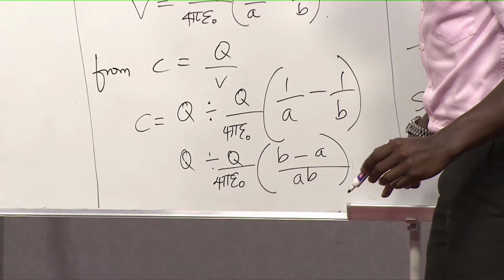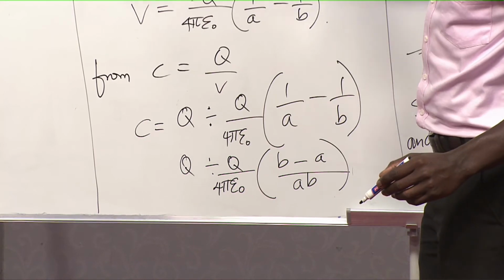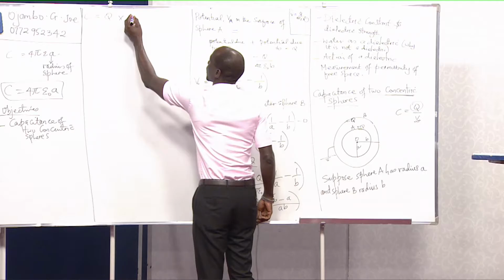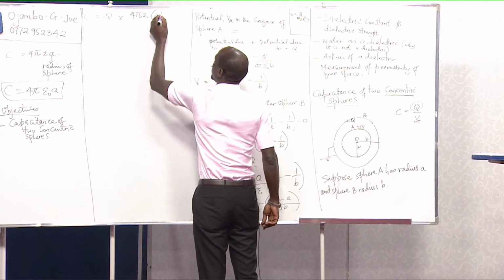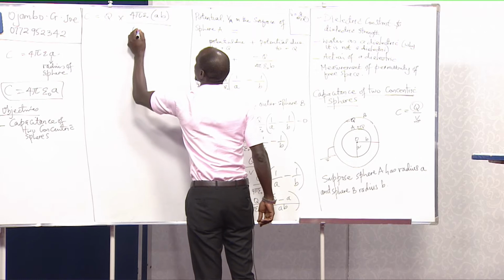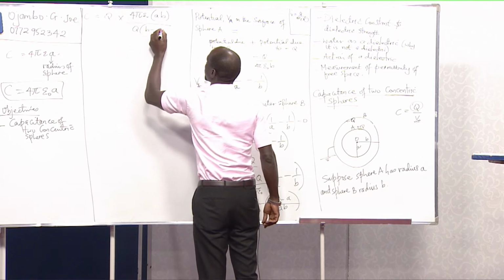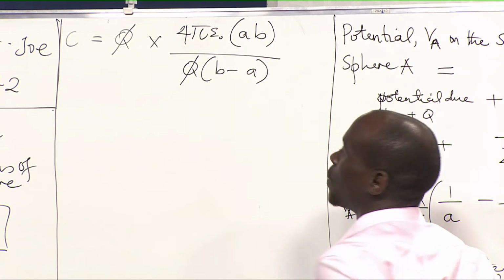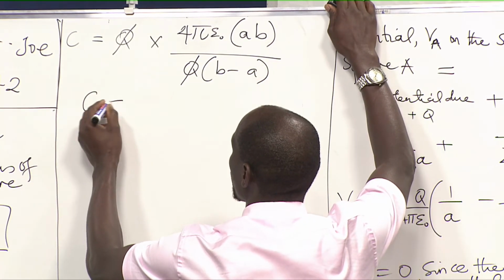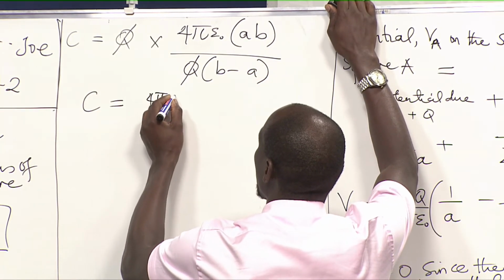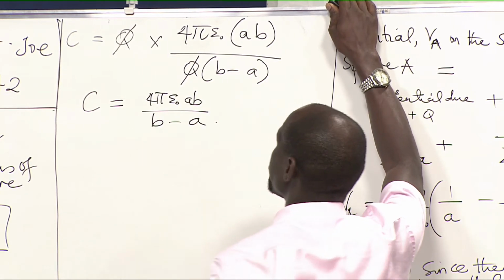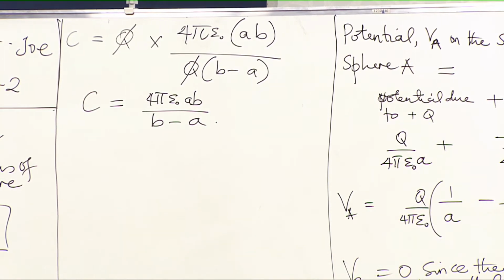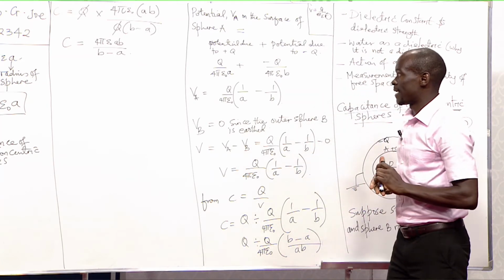So at this point, it becomes quite easier for us to get this simplified: 4 pi epsilon naught into AB over Q into B minus A. So this Q will cancel with this Q, implying that the capacitance will therefore become 4 pi epsilon naught AB over B minus A. So that is therefore the expression for the capacitance of two concentric spheres.